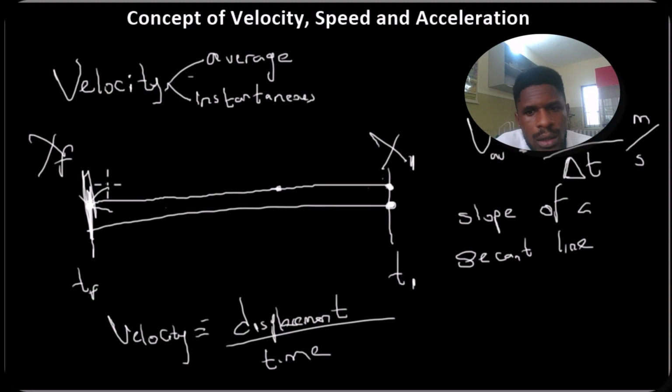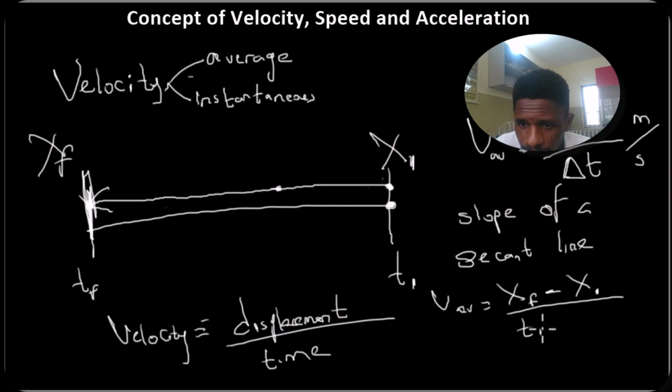All right. Now, let's try and expound this formula for average velocity. We say V average will be equal to x final minus x initial divided by t final minus t initial.